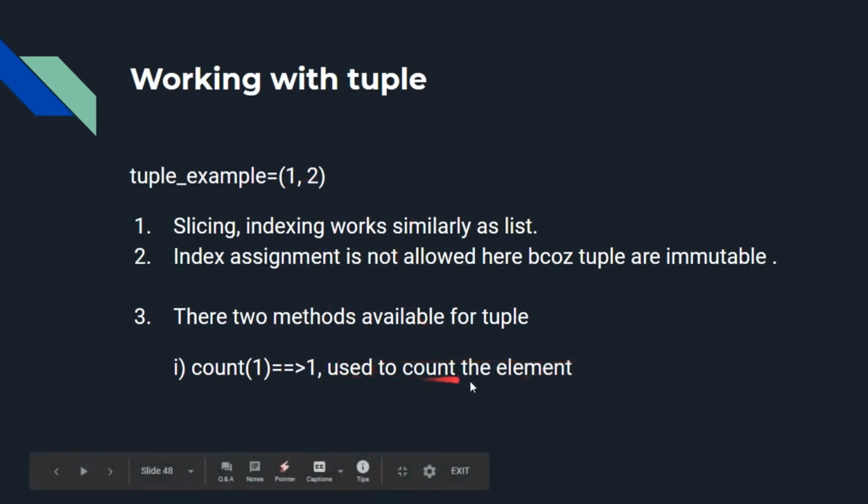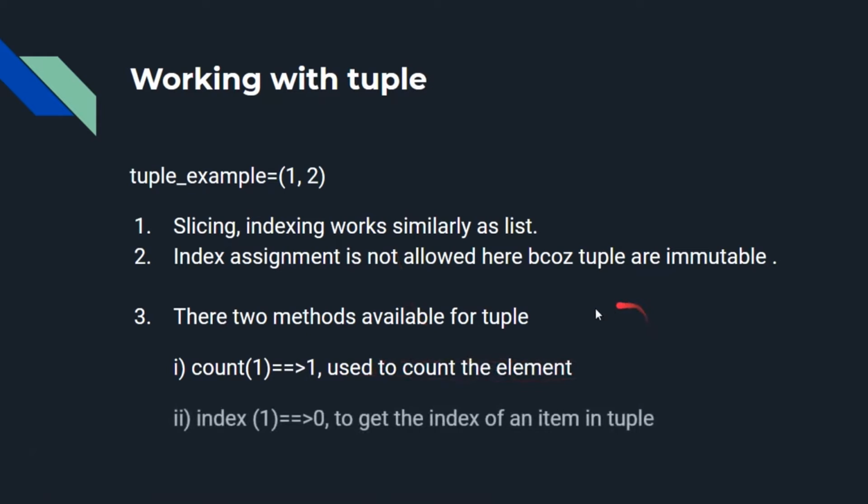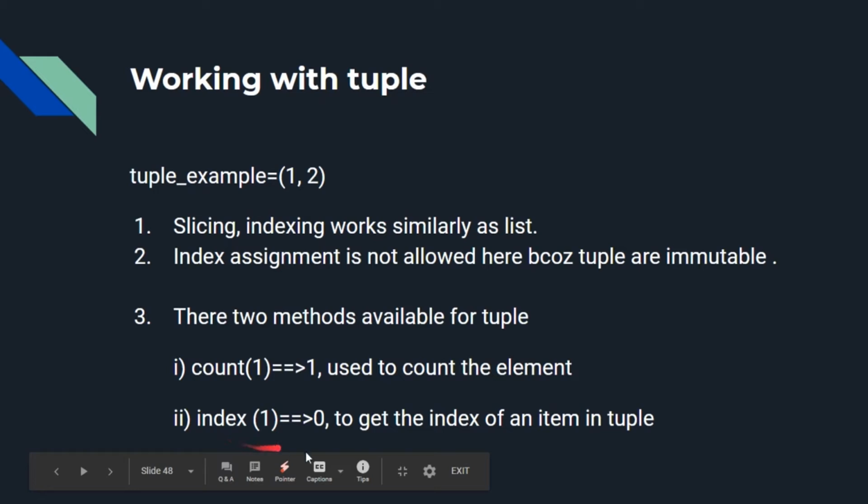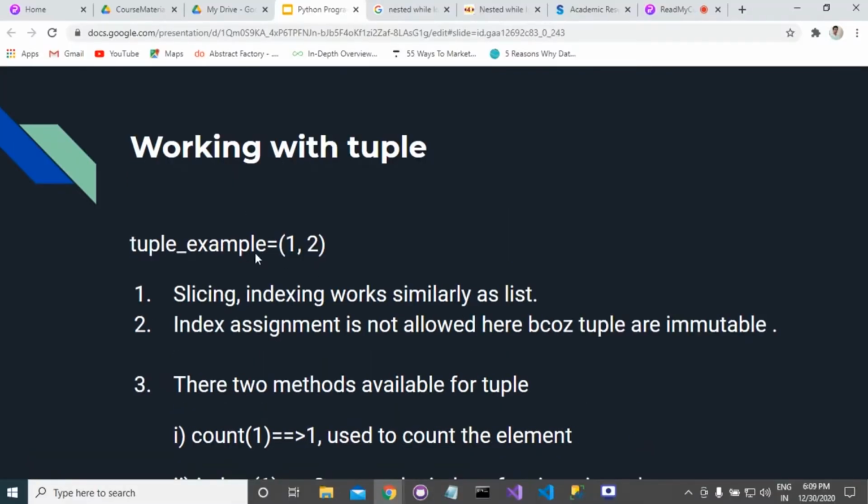So it is used to count the element. Second is index. If you want to check the index of this 2 or the index of this 1, we can use index in that case. It basically gets the index of an item in a tuple. We will be practicing on this first.